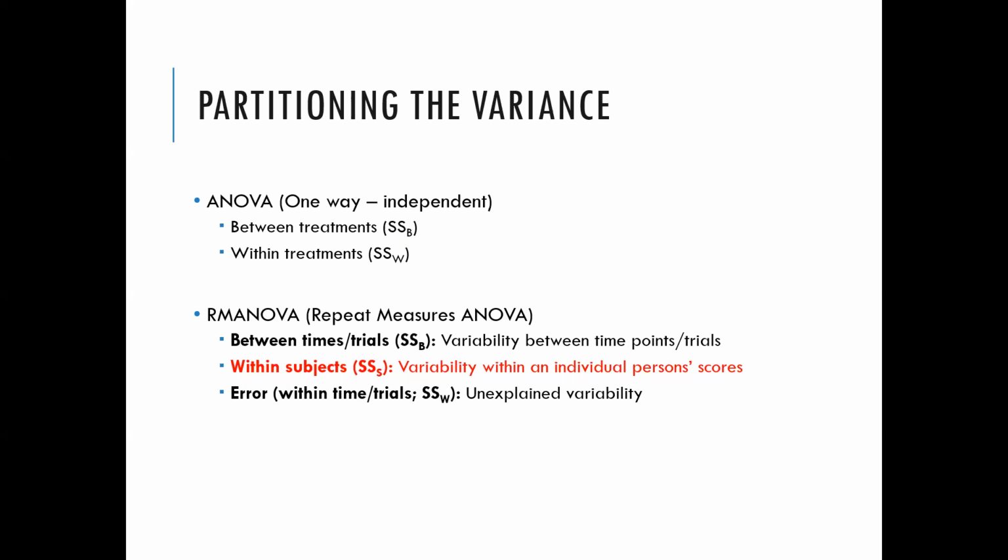We have the within subjects, that's the variability within an individual person's scores. And then we have the error or the unexplained variability, and that corresponds to the within variability. So really the difference here is we have these, right, for the one-way ANOVA, but in addition now we have the within subjects variability.